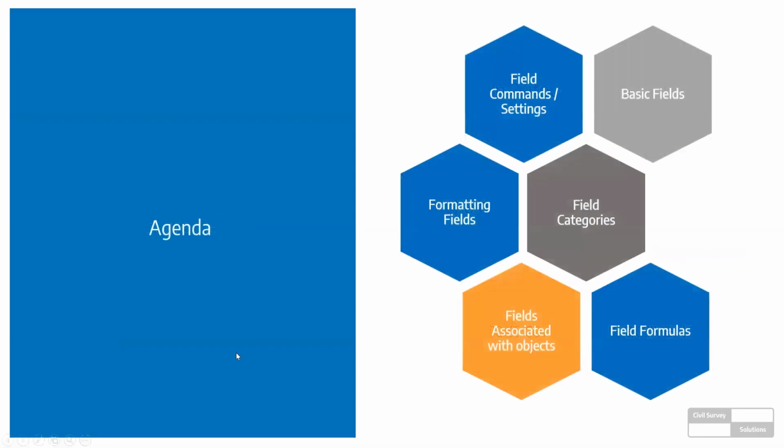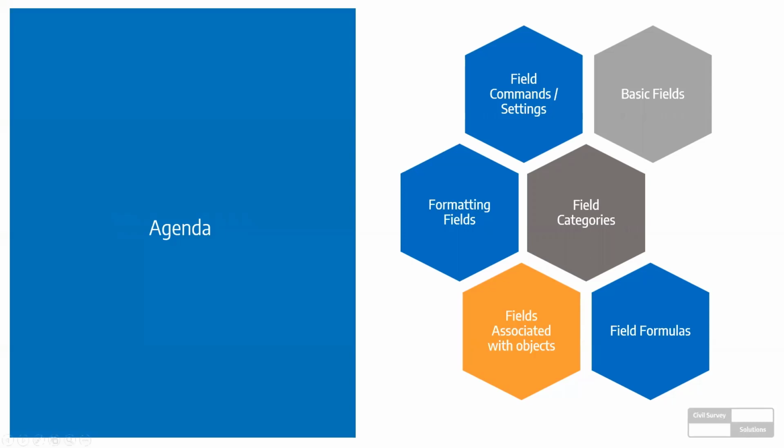So today, we don't really have an agenda, we just have some things that we're going to look at. Fields aren't really a process that you go through from A through to Z. You do certain settings and the fields obey whatever settings you have.